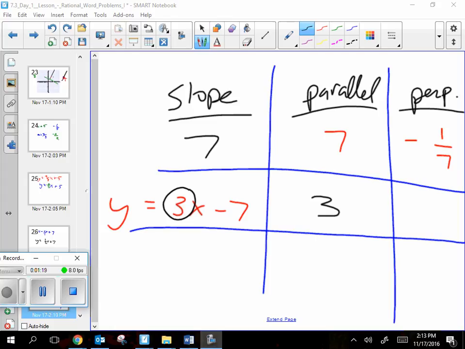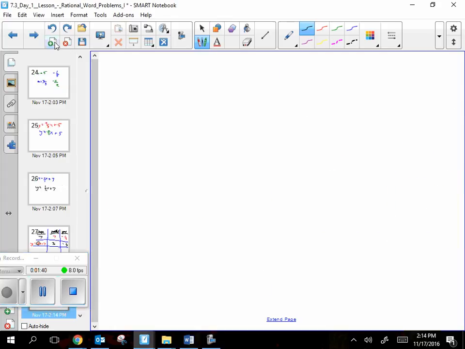Perpendicular is the one where you flip it and oppositize it. I know that's totally not math, but you do the inverse reciprocal. Inverse means negative. Reciprocal would mean 1/3. All right.